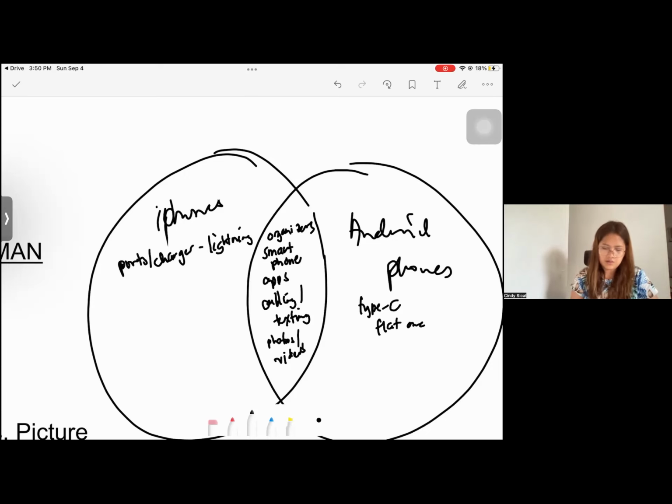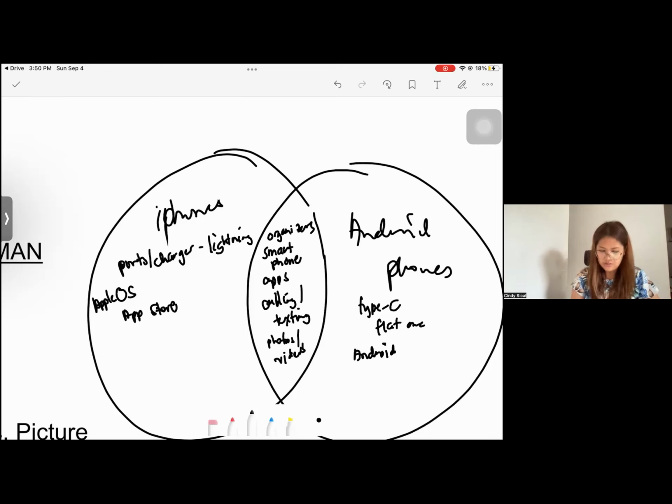And then you also have a difference with the interface, the OS, okay? iPhone OS, Apple OS. This one, you use Android. You usually find the App Store for installing.